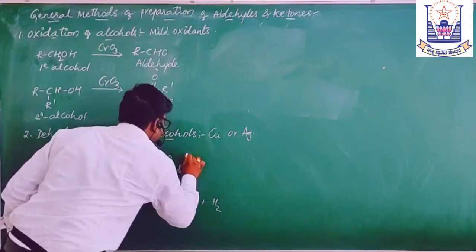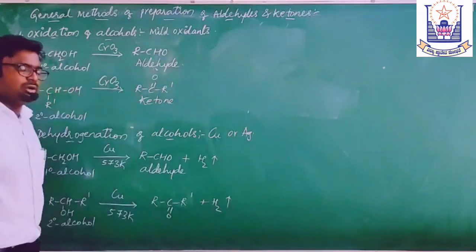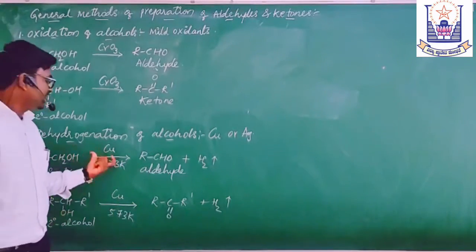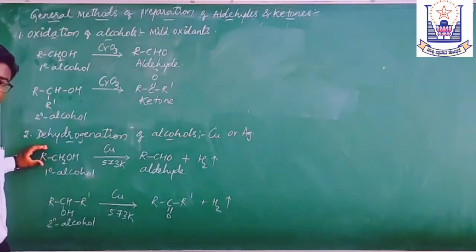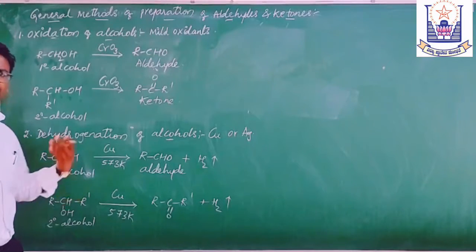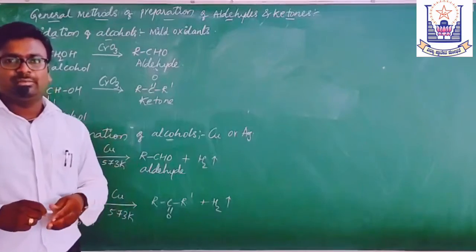H2 is released from this structure. This is called dehydrogenation of alcohols using copper or silver. Here you can take general examples by putting R as CH3 and R dash also as CH3; you can make your own examples.